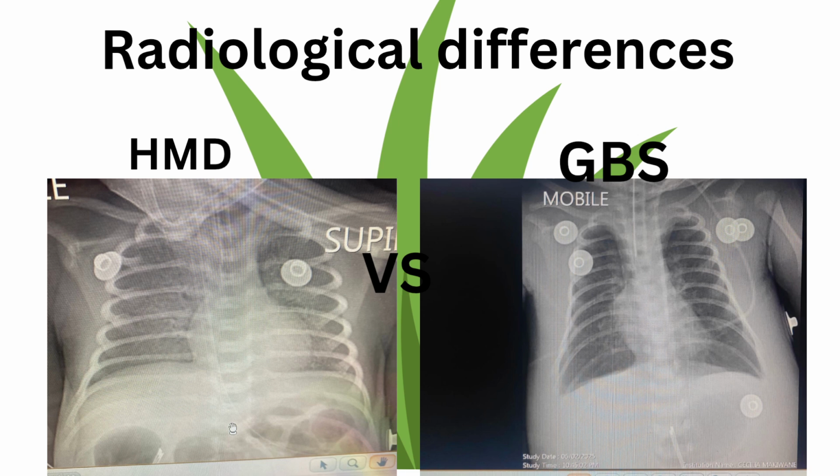There's also a theory that in patients with pneumonia, the inflammatory process, the cytokines, can actually inactivate the surfactant production and therefore give a picture that looks like an HMD because the pneumonia has inactivated the surfactant. So those are the two theories that have been postulated as to why the two conditions tend to look the same. I hope it makes sense and it's clear.